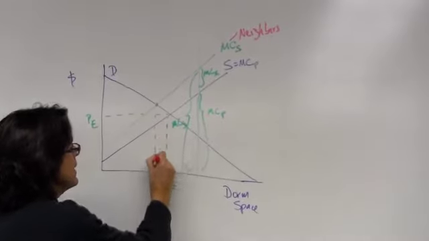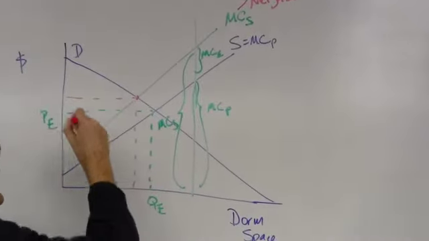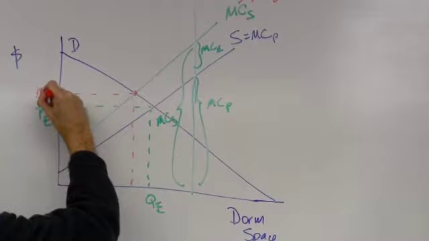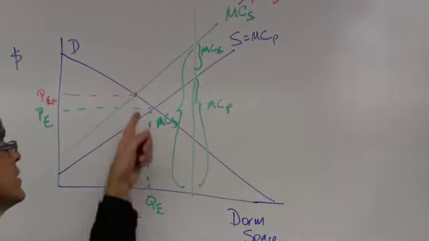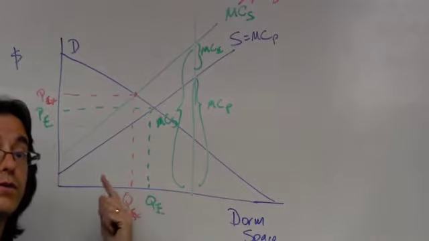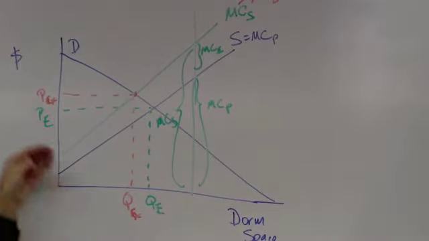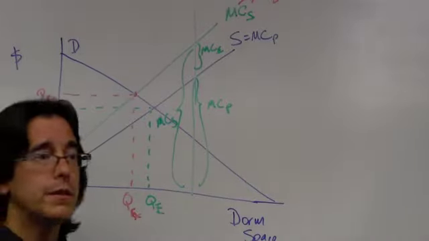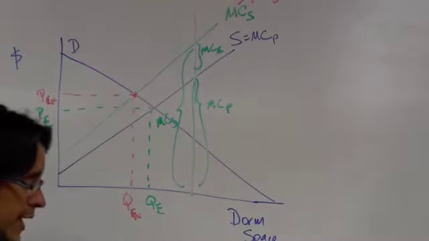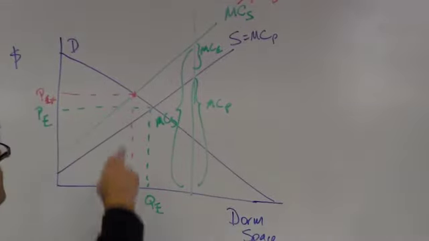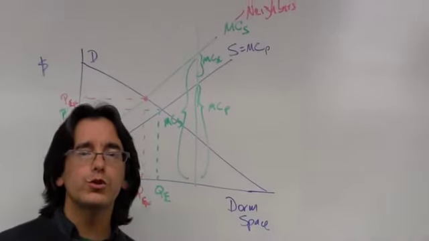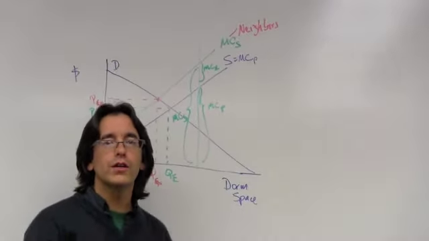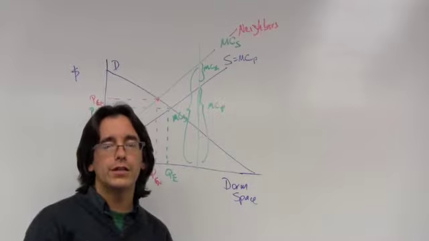And so what we should see is that we should actually have fewer dorms at a higher price, because it's at this point that the marginal benefit of an additional dorm is exactly equal to whatever the additional cost generated by that additional dorm space.